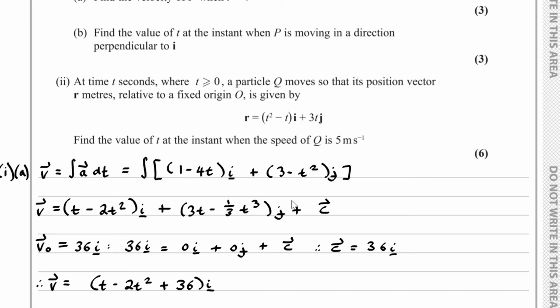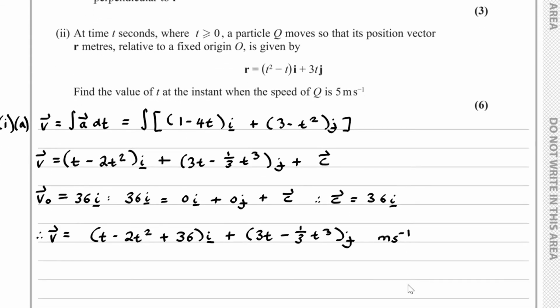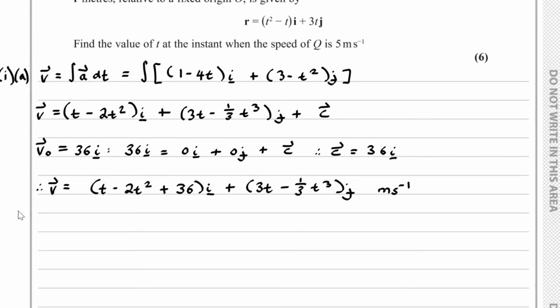So I've just gathered all the terms involving an I. And in the j direction, we have 3t minus 1/3 t cubed meters per second. And we want to find out what happens when t is equal to 4.